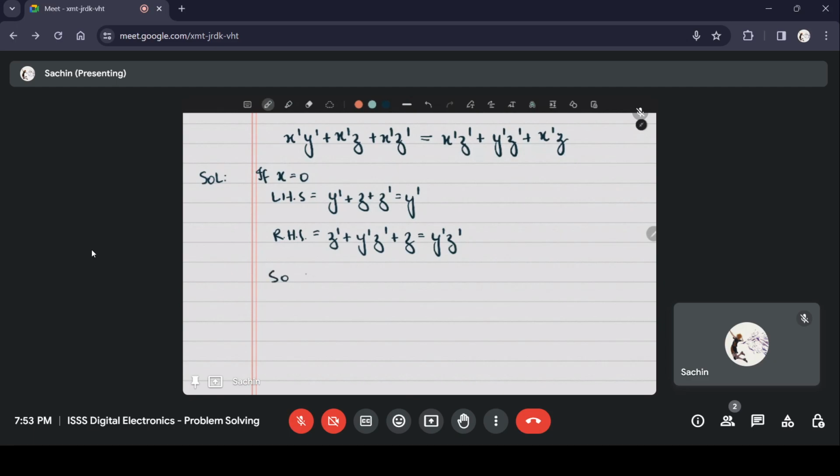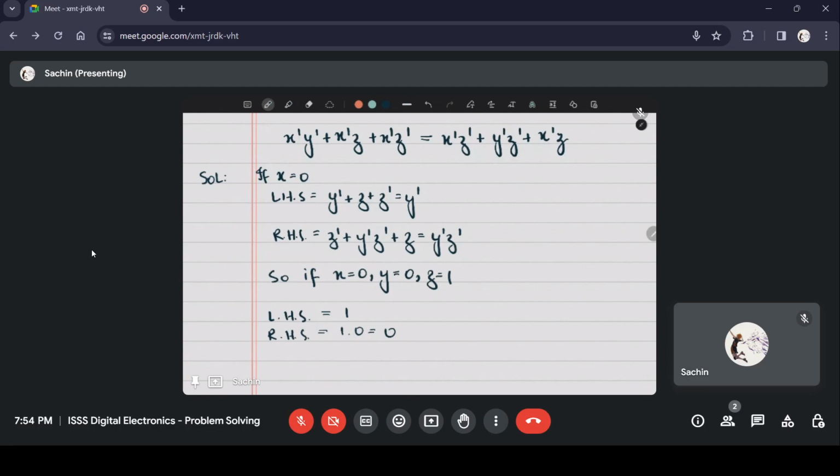So if x equals 0, y equals 0 and z equals 1, then LHS will become y prime, which is 1. RHS will be y prime z prime, which is 1 and 0, which is 0.